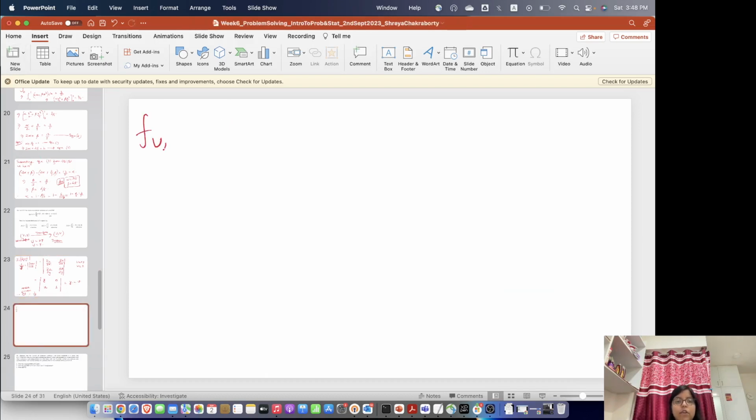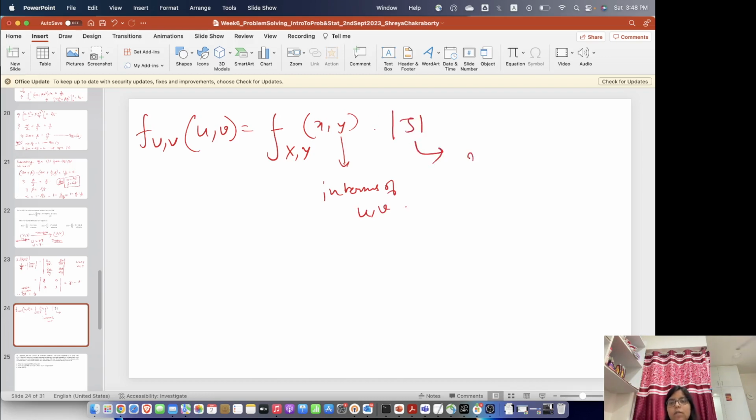Okay, so now f uv can be written as f xy in terms of uv, into the absolute value of Jacobian.